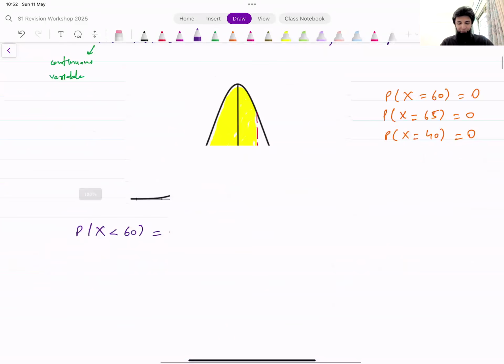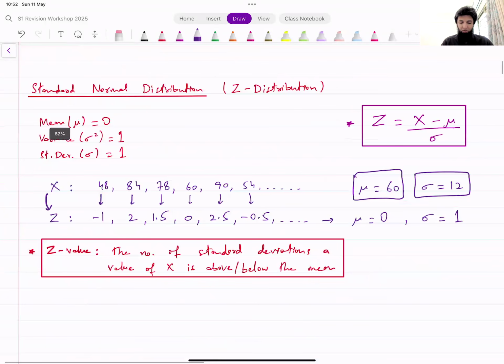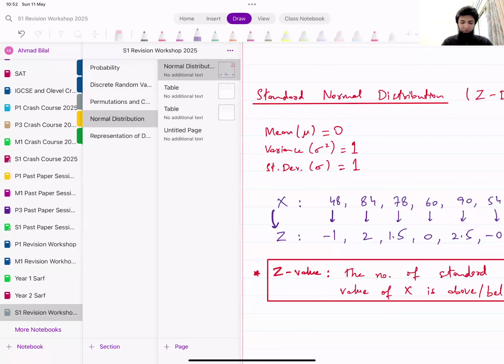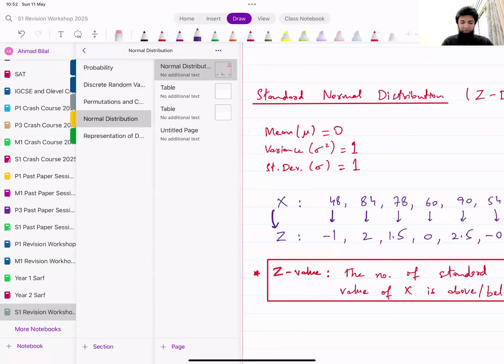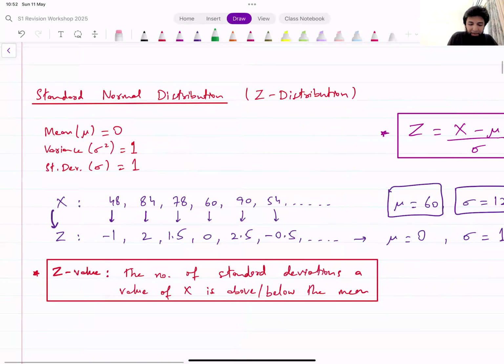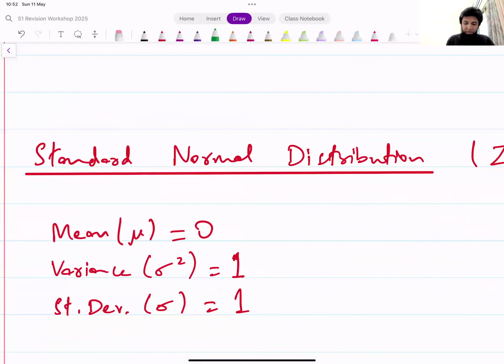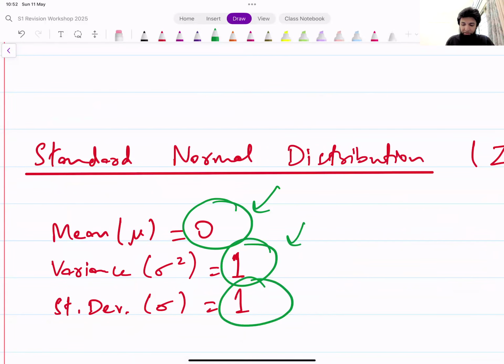Now, before we move on to this, let's go and understand how to read values from a table. So you'll be using a table, and that table represents areas of a normal distribution like this. It's called a standard normal distribution. A standard normal distribution is one in which the mean is 0, variance is 1, and standard deviation is also 1.